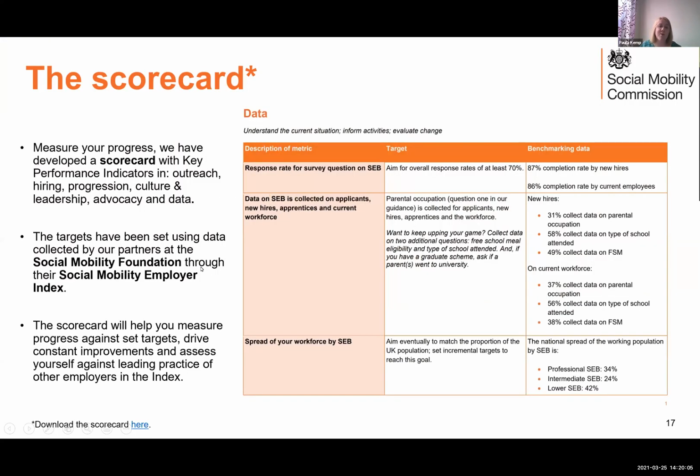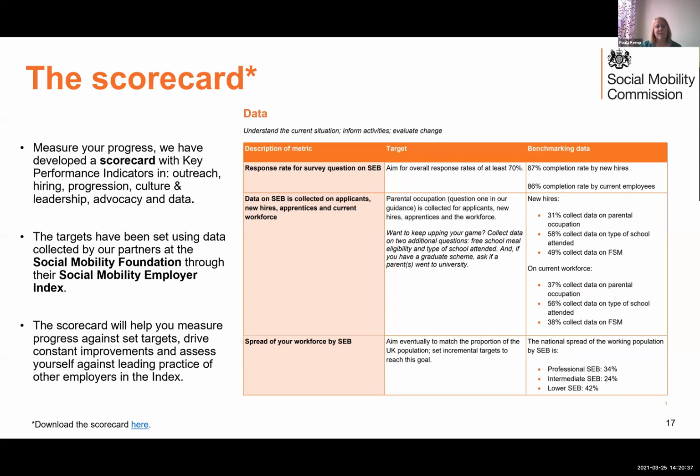So we worked with our partners at the Social Mobility Foundation through their employer index, and found that the target is to aim for at least 70% responses, but actually for those organisations that feature highly in the Social Mobility Employer Index, they get 86% completion rates for all of their diversity data.